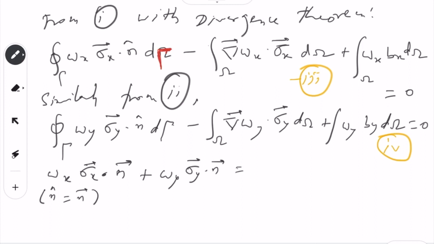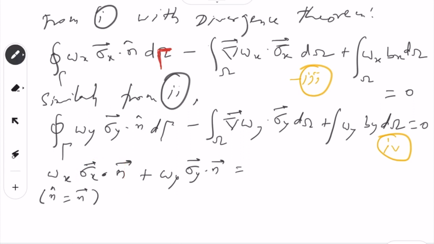Here we can write it like this. Combining the two, it will be a scalar number.